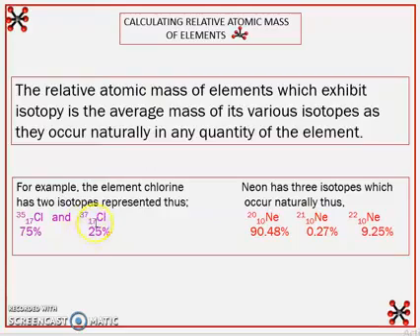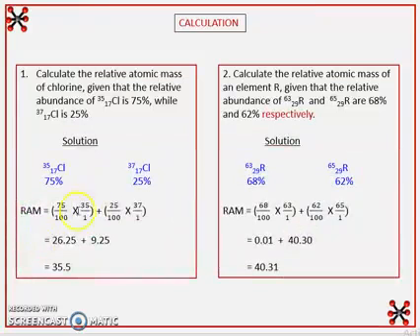So, that means they don't occur in the same quantity. So also is neon. Neon isotopes occur in different quantities. So in calculating their relative atomic mass, you calculate the average mass in relation to the abundance in nature. Let's see how it is done.